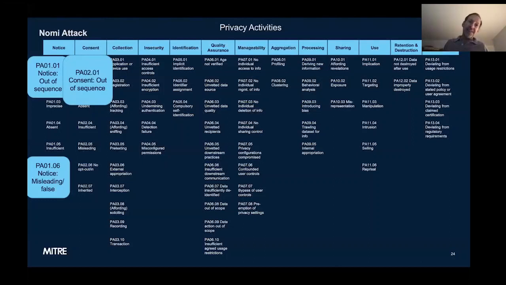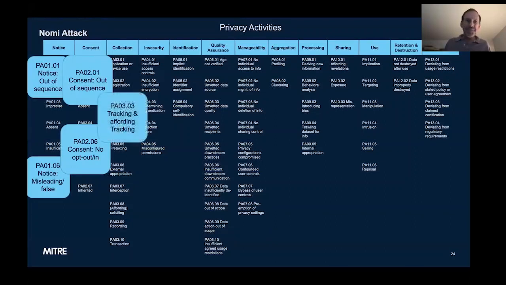And by the same token, the consent was also out of sequence. And there was also no opt-out in the stores, as was promised. And so we have those threat actions for notice and consent.